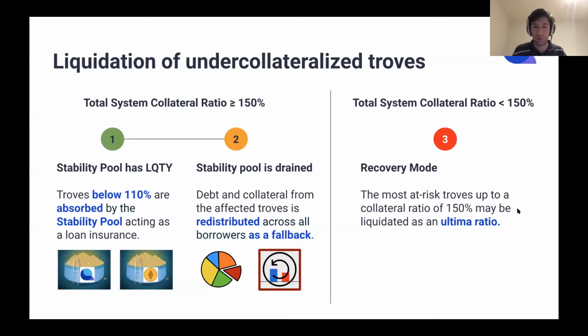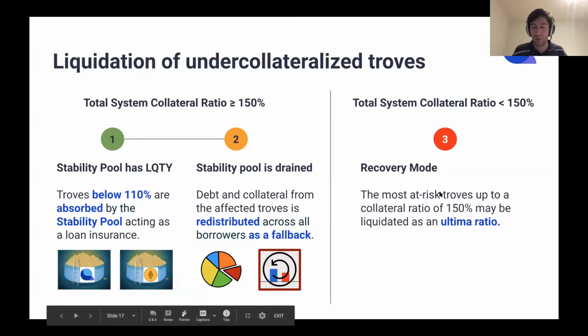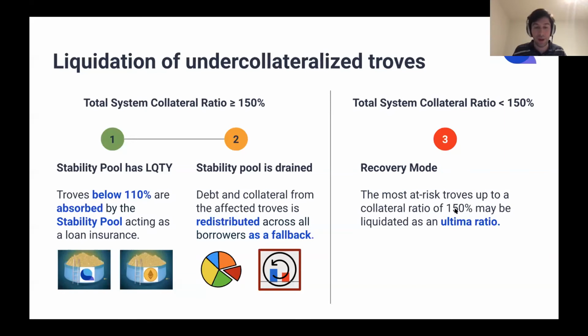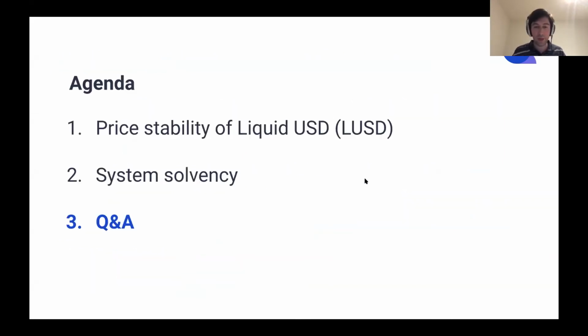So people should behave in a way, even before the system reaches this kind of critical state, that they try to save their positions by either repaying their debts or by topping off their collaterals. So this is like an ultima ratio, which we hope will never, ever happen. So yeah, that's it. And I'm here to answer your questions.